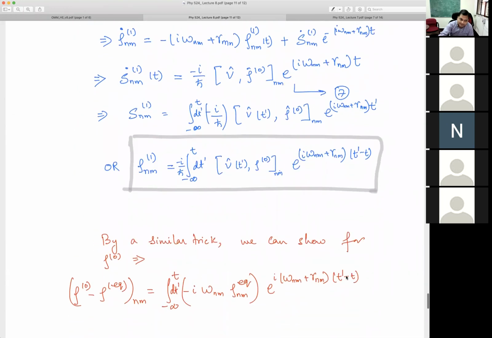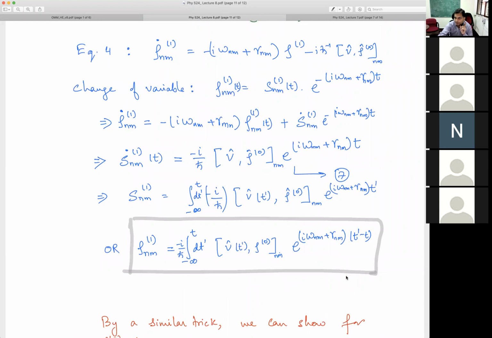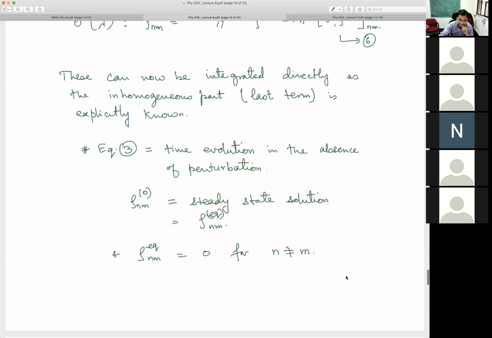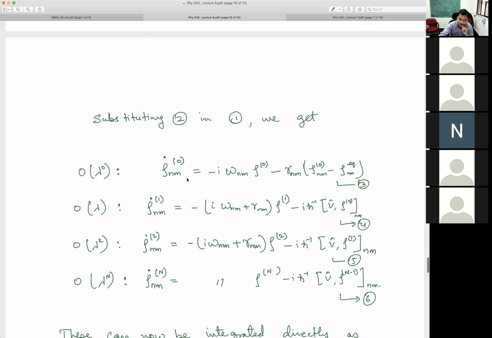Okay. Then let me go back to my promise and show you the exact solution of the first equation, rho 0. So equation 3 is what I'll solve now. Instead of solving equation 3 directly, let me do a slight trick. Let me define a new variable, rho nm minus rho nm equilibrium. One reason is that rho nm equilibrium, I know, will be time independent.